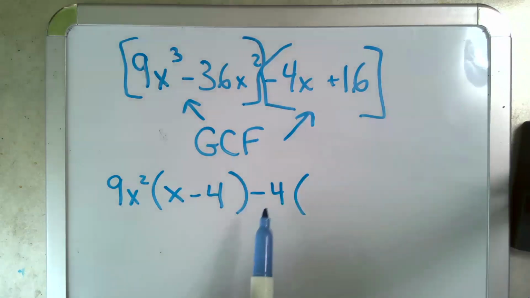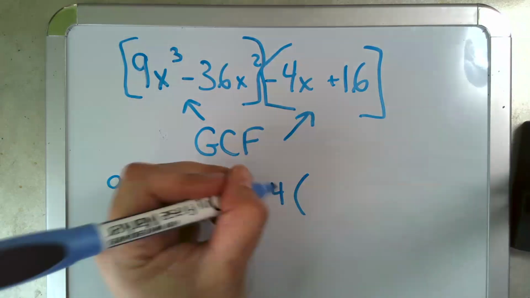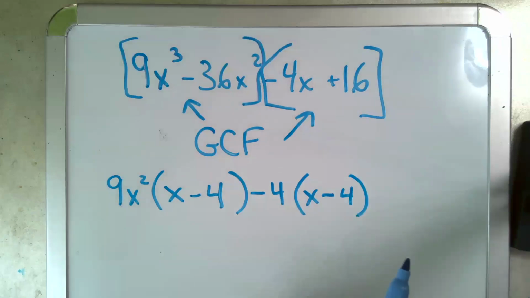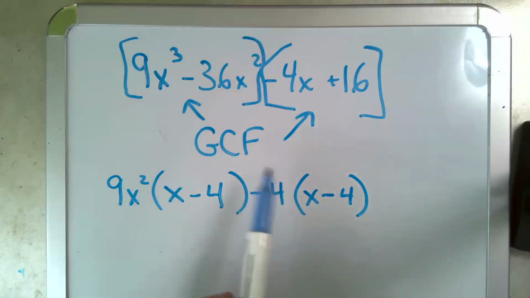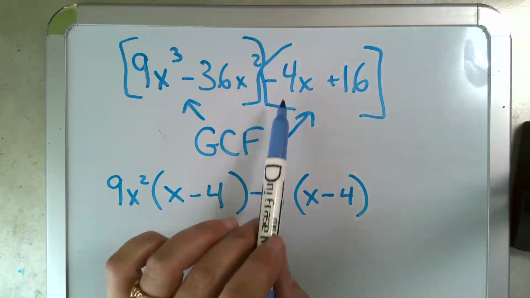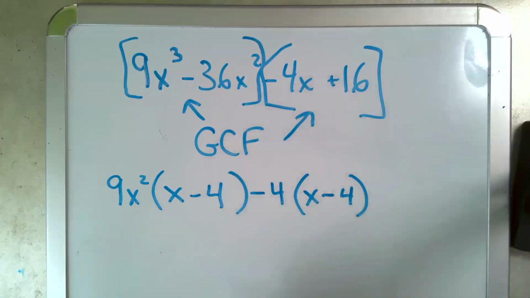Negative 4x divided by negative 4 leaves positive x, 16 divided by negative 4 leaves negative 4. And the reason I pulled that negative 4 instead of just 4 is because I need what's inside my parentheses to be the same. If I had just pulled 4 out, I would have negative x plus 4, and that wouldn't work for this next step.